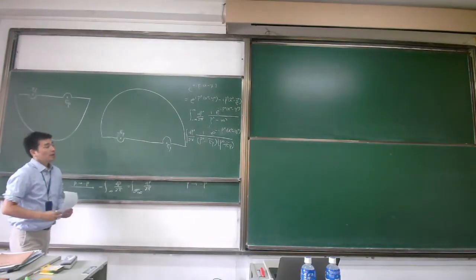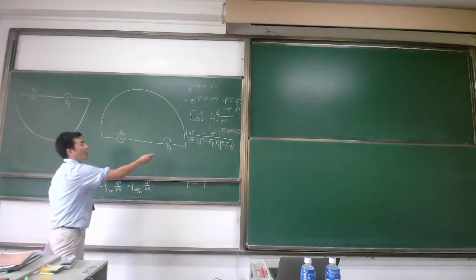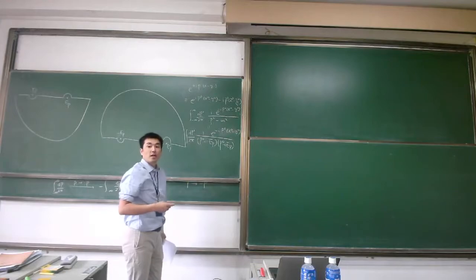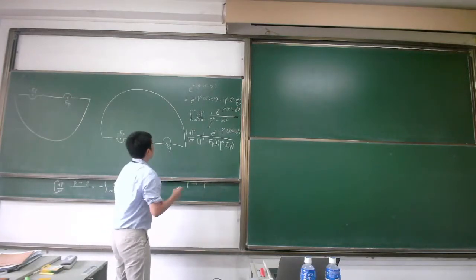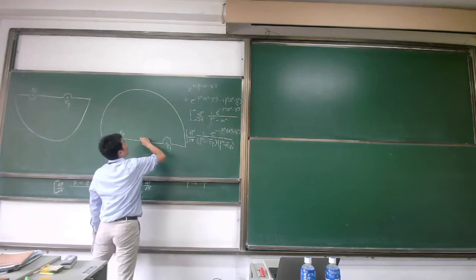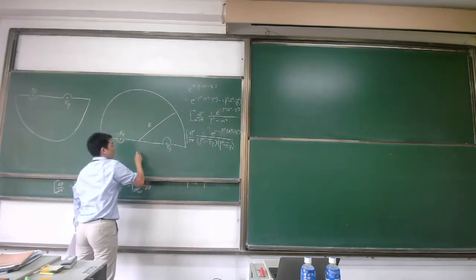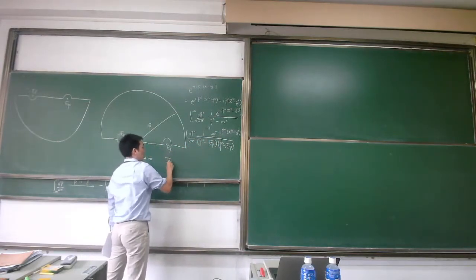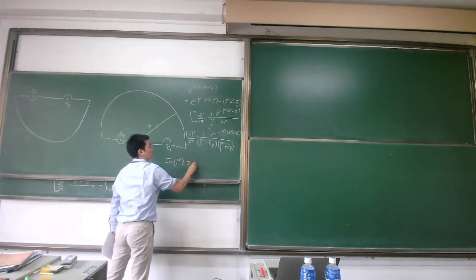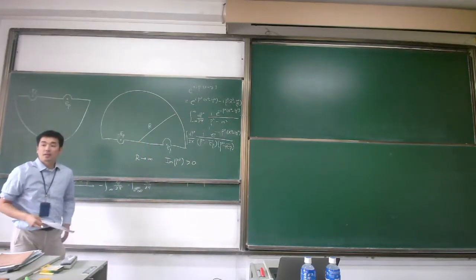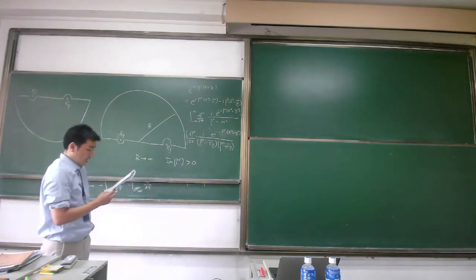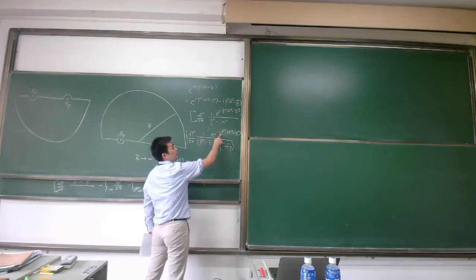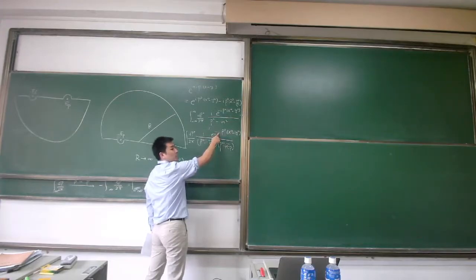Then the problem is that we need to explain why this arc does not contribute. If you take the p naught contour with radius R, where R goes to infinity, the imaginary part of p naught is positive. So if you plug it in here, the minus i cancels, so this is plus i.